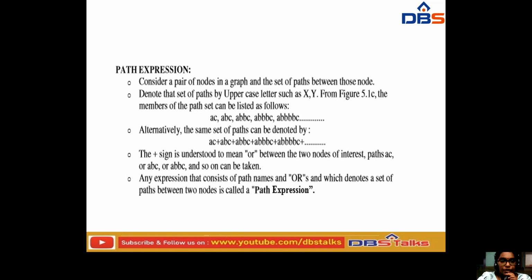So when it comes to the path expression, if we consider a pair of nodes in a graph and the set of paths between these nodes, from this we can denote the set of paths by uppercase letters such as X, Y. From the next figure we can say that the members of the path set can be listed as follows, that is AC, ABC, ABBC, ABBBC, just like that.